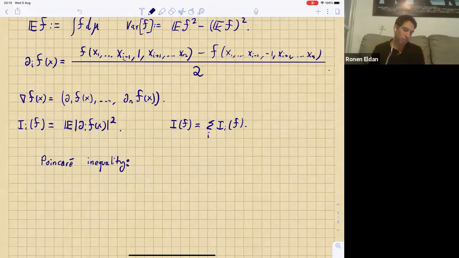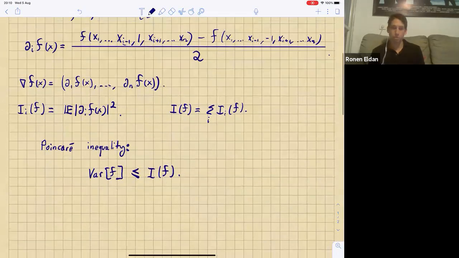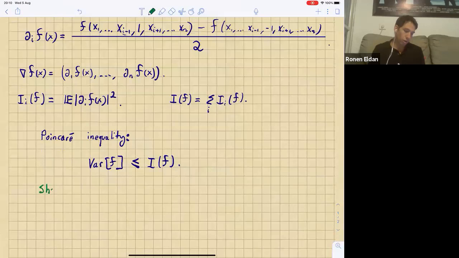It just tells us that the variance of f is bounded by, I think the right constant is 1, I'm pretty sure, the total influence of f. If the derivatives are small, the function does not vary too much. And it's not very hard to check that this is sharp.